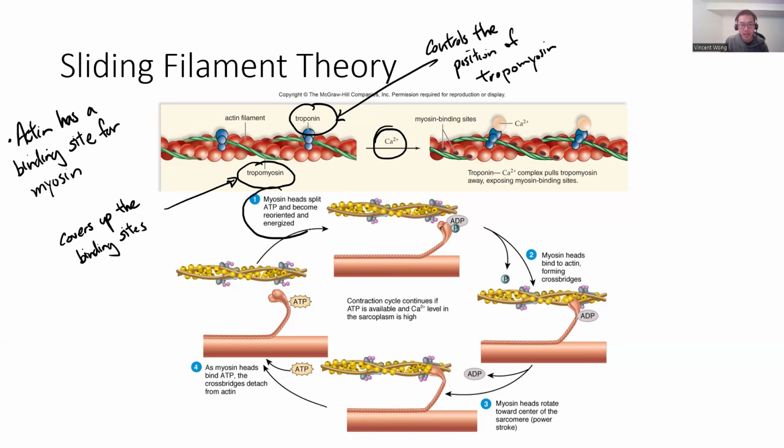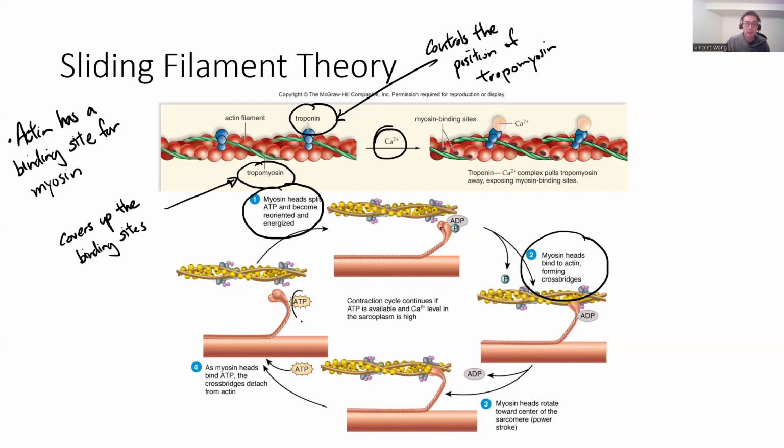Once the binding sites are exposed, the myosin head will split an ATP, and that will help reset its position. Then it will grab onto the actin, forming what's called a cross bridge. Then the ADP will fall off, which allows the myosin to pull.